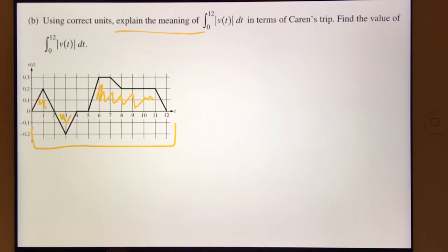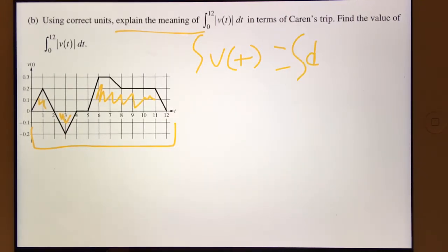So the meaning, since this is a velocity, we want to take the integral of velocity. And the integral of velocity, if you remember, is the distance, how far she's traveled. And so the integral of the absolute value of velocity, since it's an absolute value, we're eliminating positive and negative, we're making it all positive, we're finding the total distance she has traveled.